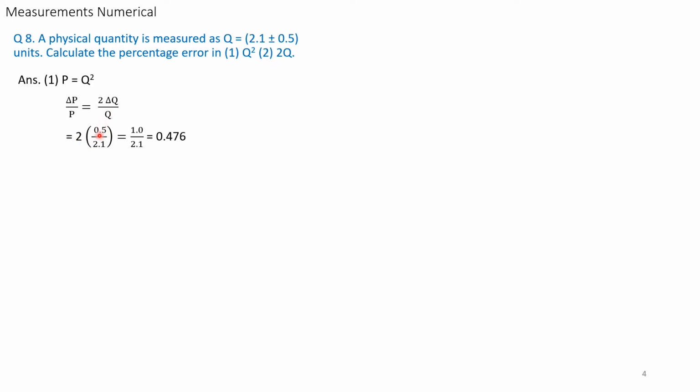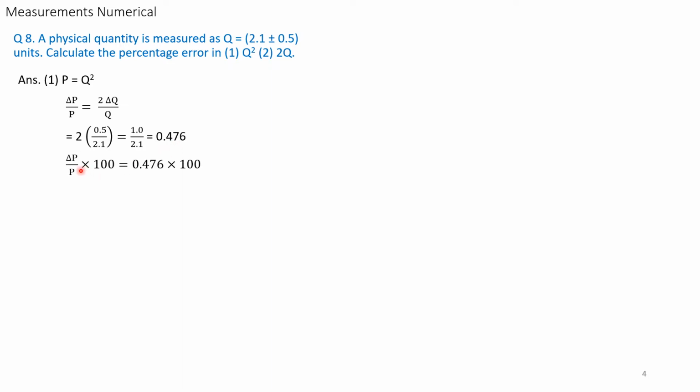Therefore, that is equal to 2 into 0.5, the error, it is given delta Q is 0.5, divided by 2.1, the value of Q is 2.1. Simplifying, we get 1 divided by 2.1, that is equal to the error in the physical quantity P equals Q square, which is 0.46.